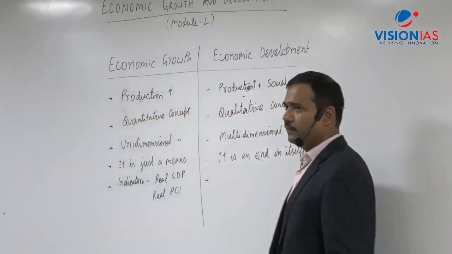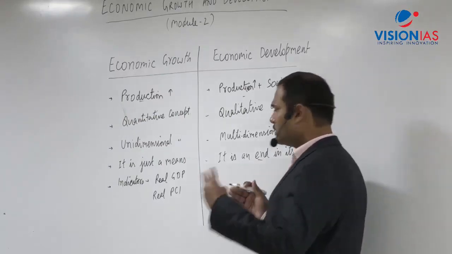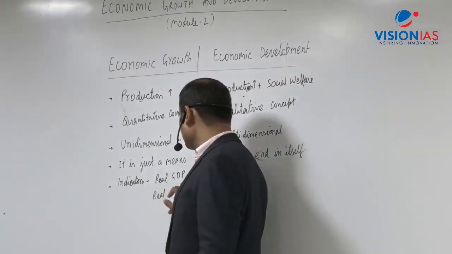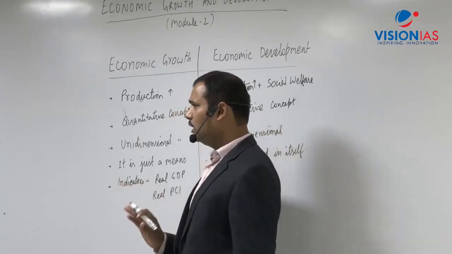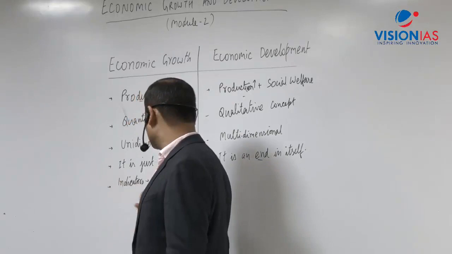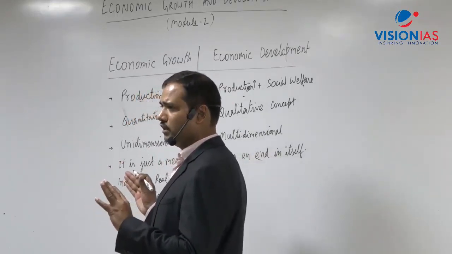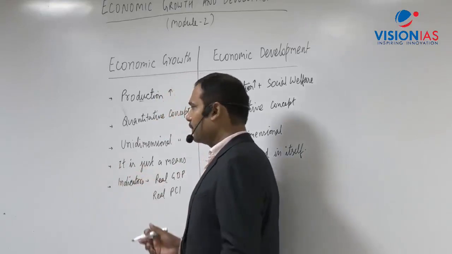Real per capita income could be shown when average income is increasing. So I repeat once more, whenever we talk about growth, we never say just GDP. We always prefix it with real, because we must take into account the actual increase in production. It should not be just value.